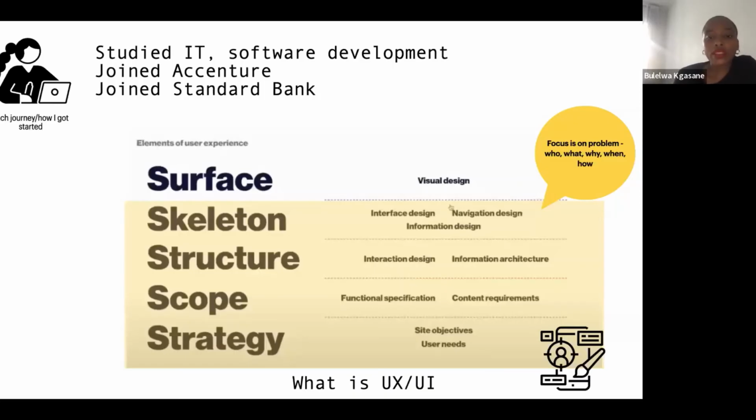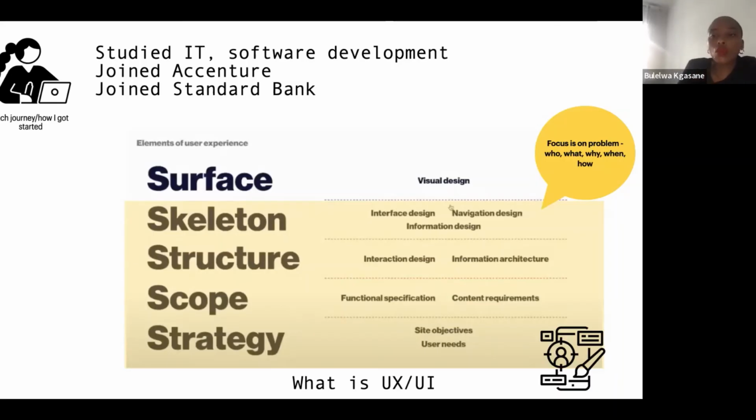But what actually is this space? What is it about? So as a UX person, you'll see I've highlighted the block in yellow, which is what I get involved in a lot. And the one that I've not highlighted is more the UI.